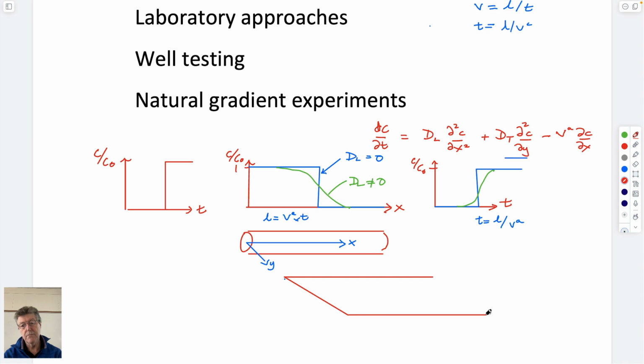we have kind of the same behavior, but it's no longer the concentration in the lateral direction. Concentration gradient in the lateral direction is 0, and we'd have something that looks like, I suppose, this.